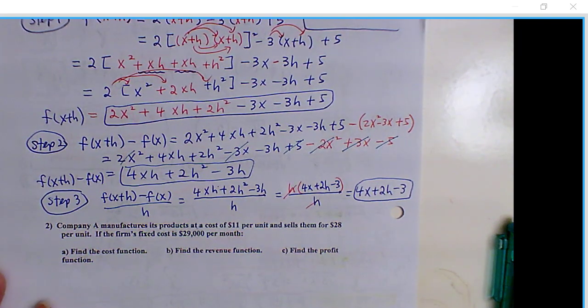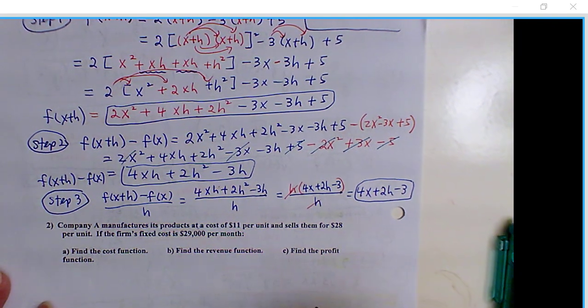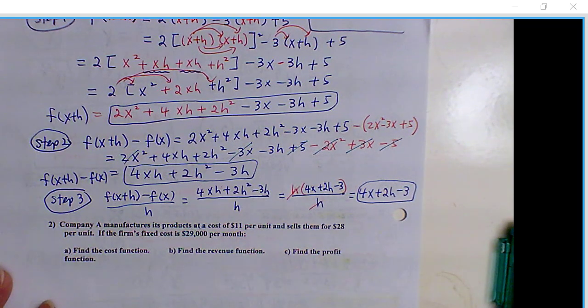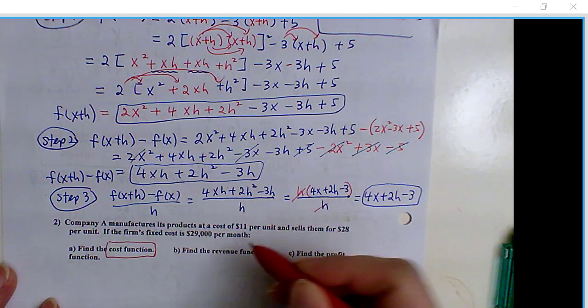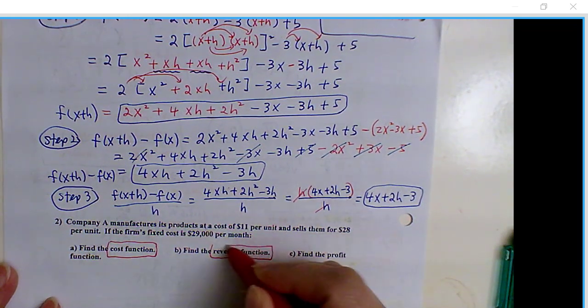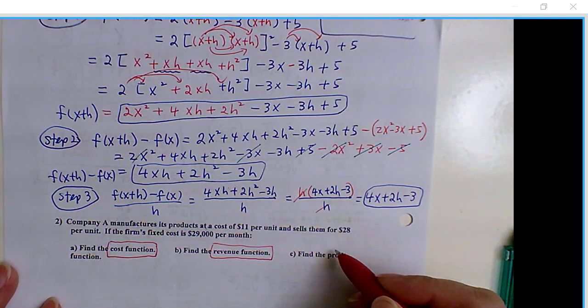The very last questions ask you to find several things that's important for business math, including cost functions, revenue functions, and profit function.